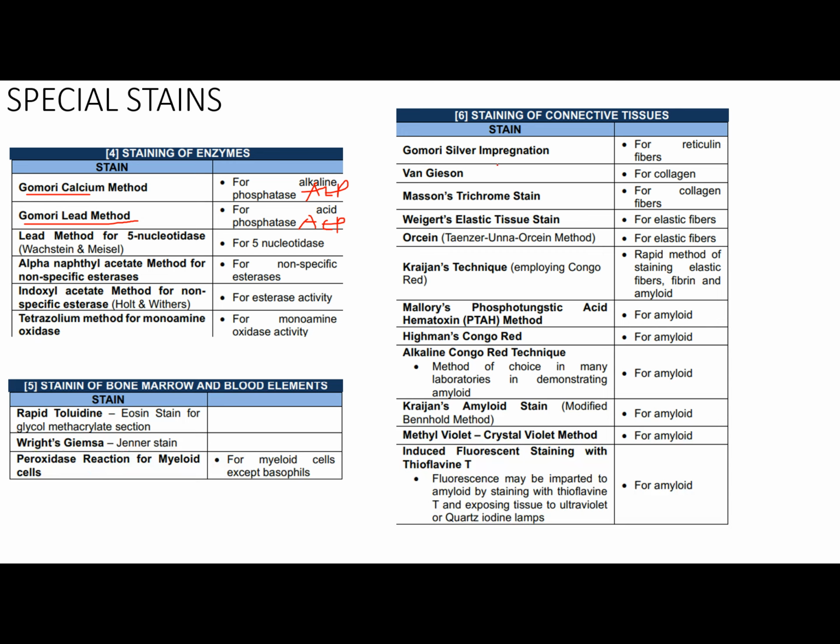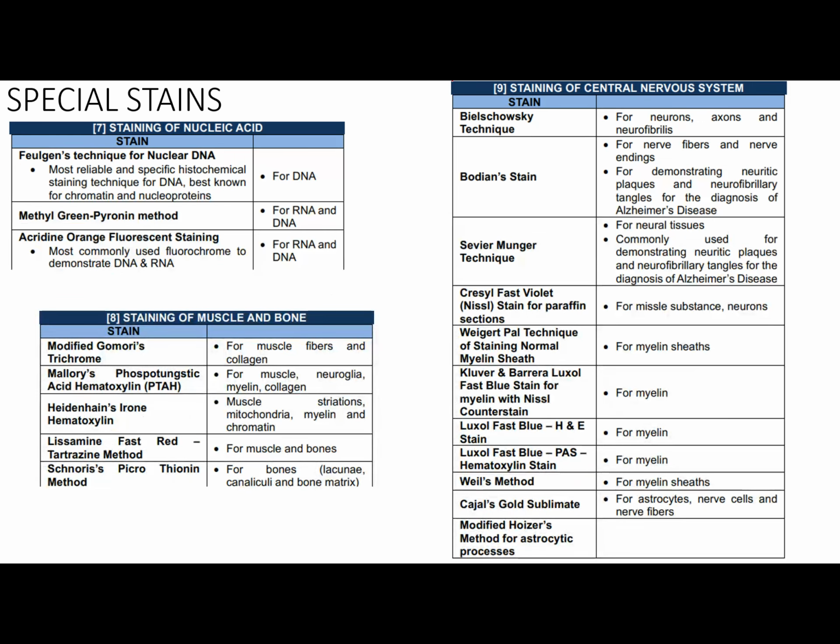Then for connective tissue, we have Van Gieson for collagen. Then methyl violet or crystal violet method, which are used for amyloid. Then for nucleic acids, we have methyl green pyronine method for both RNA and DNA.